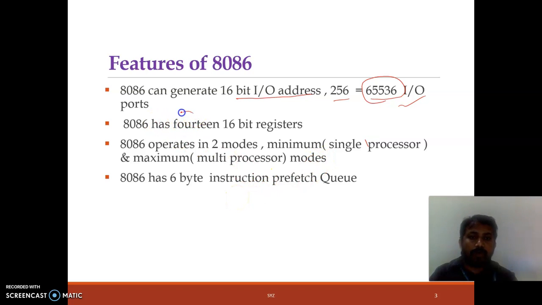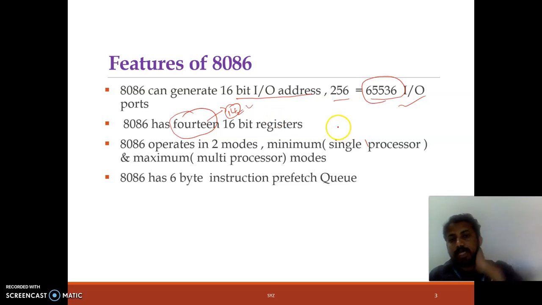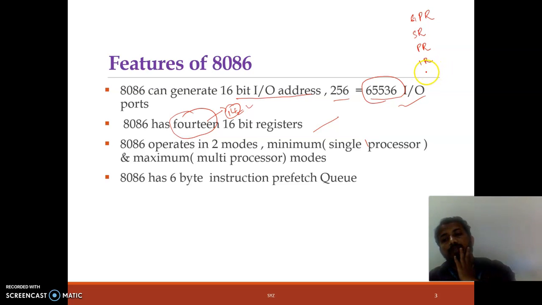A very good number of 16-bit registers are there in the 8086. We have 14 16-bit registers. These registers are classified into different organizations: general purpose registers, segment registers, pointer registers, index registers, and apart from this, a flag register.